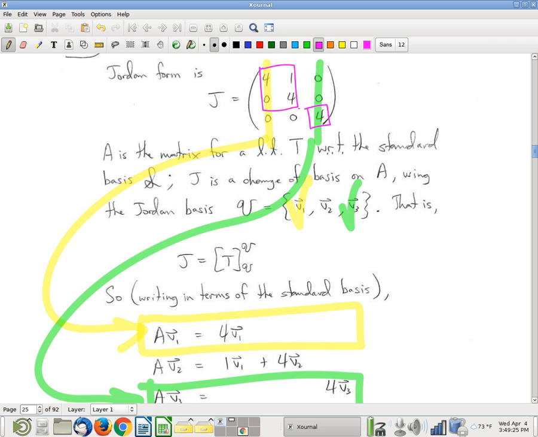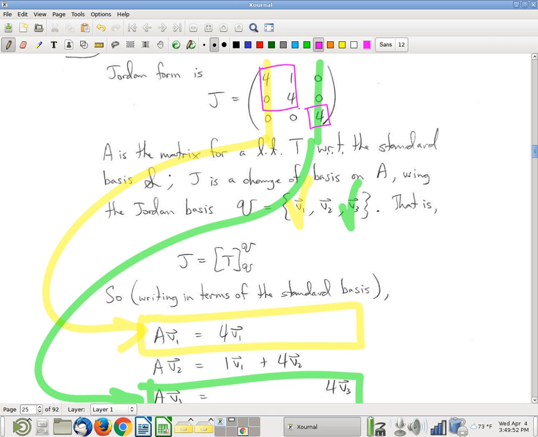The first column that overlaps with the first Jordan block is the first column overall, which corresponds to the first vector, an eigenvector. The second Jordan block, the first column that overlaps with it, is the third column. The third column is telling me about the third basis vector, an eigenvector. So V1 and V3 are eigenvectors.